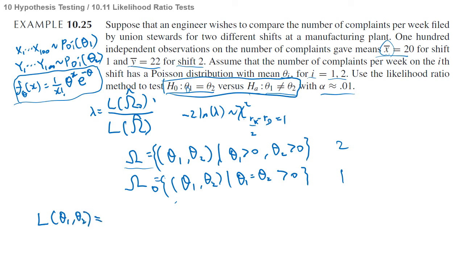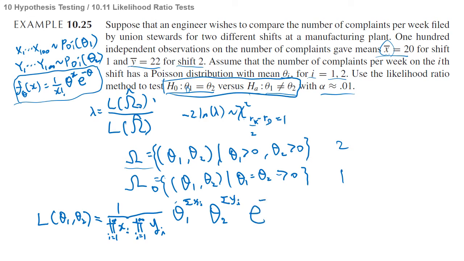The likelihood function is 1 over the product of i equals 1 to 100 of xi, the product of i equals 1 to 100 of yi, and theta 1 to the sum of xi, theta 2 to the sum of yi, and e to the minus n theta 1 and e to the minus n theta 2.